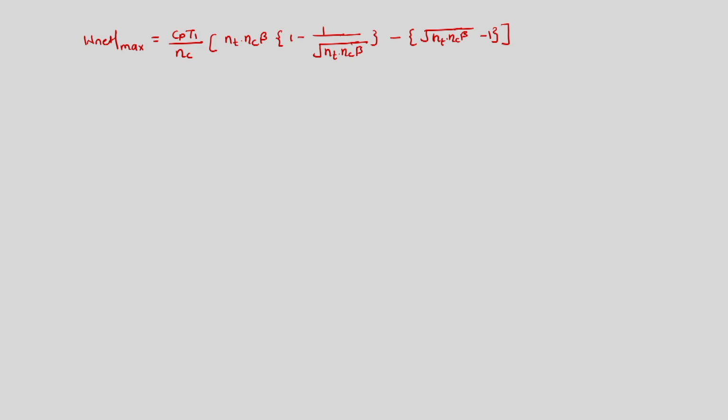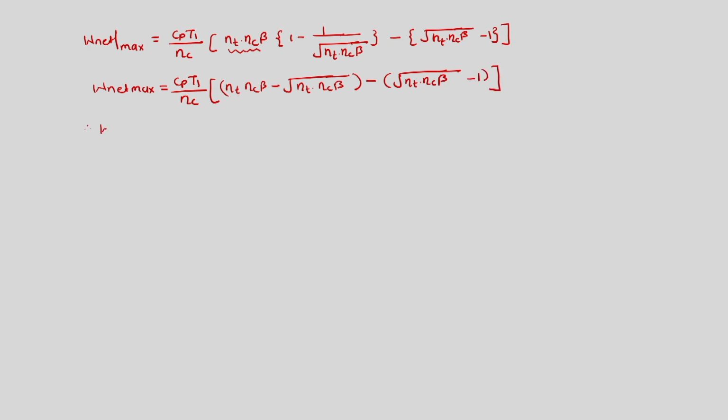We can do one thing, we can let this quantity multiply inside, then we can write down W net max is equal to Cp T1 upon eta c. So this becomes eta t eta c beta minus square root of eta t eta c beta minus square root of eta t eta c beta minus 1.